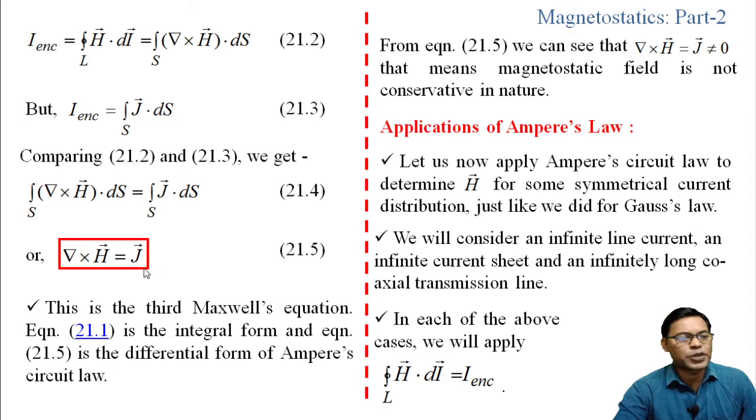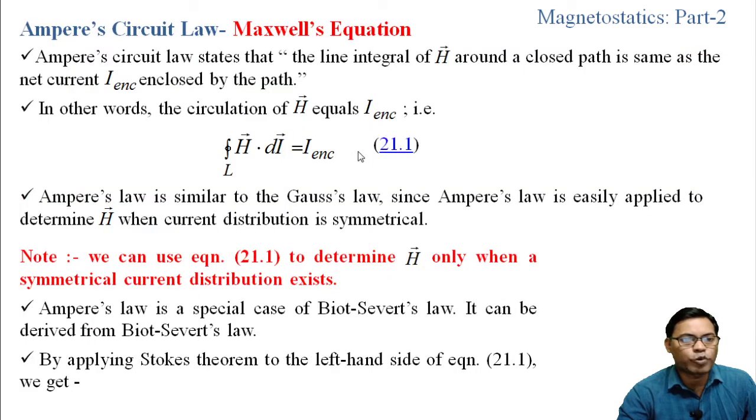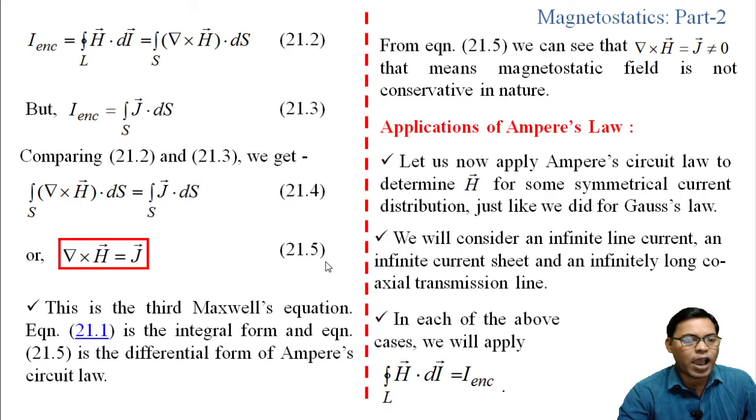This expression, del cross H equals J, is the third Maxwell's equation. Equation 21.1 is the integral form of Ampere's circuit law, and equation 5 is the differential form of Ampere's law.